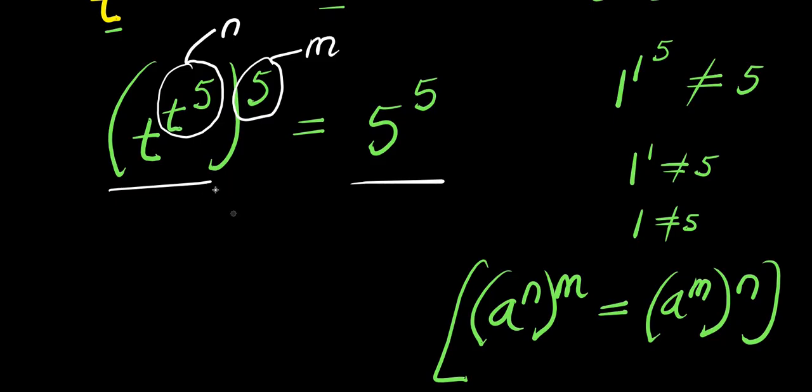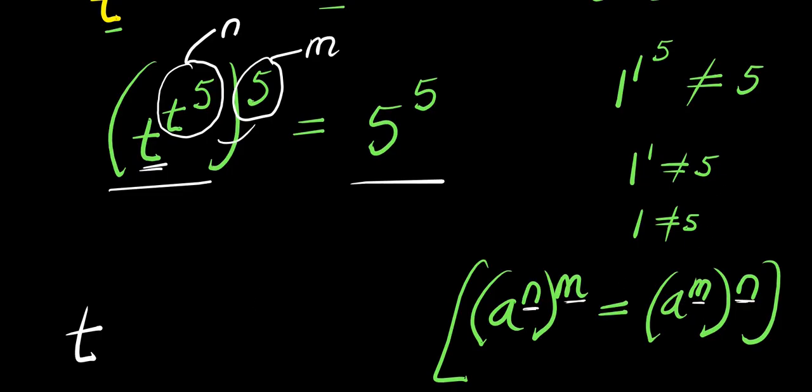So, we are simply going to have t, which is the base here. And if you observe, the n here is now outside the bracket, while the m here is now inside the bracket. So there's a change of powers.